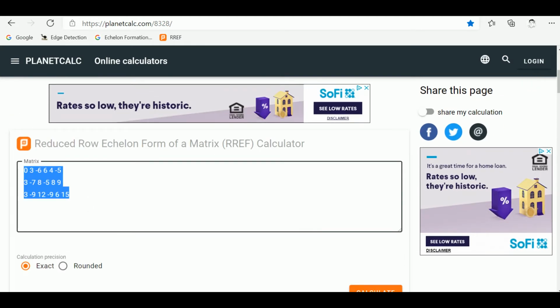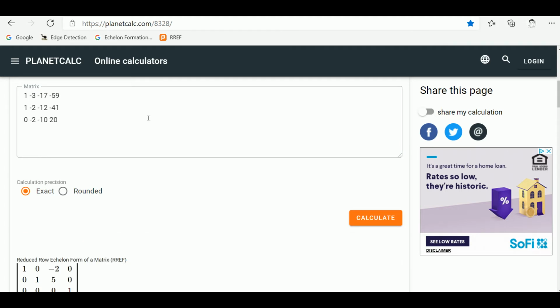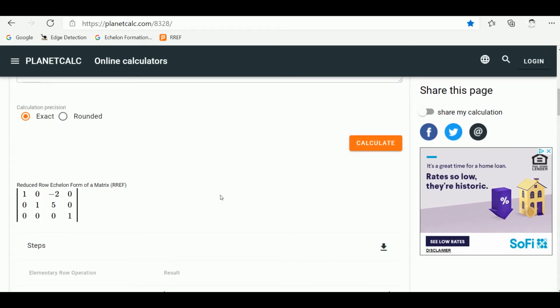I'm just entering it, and we just calculate, and we have the matrix in reduced row echelon form.